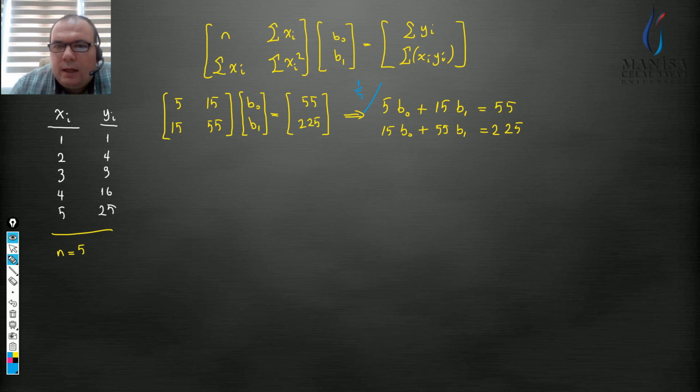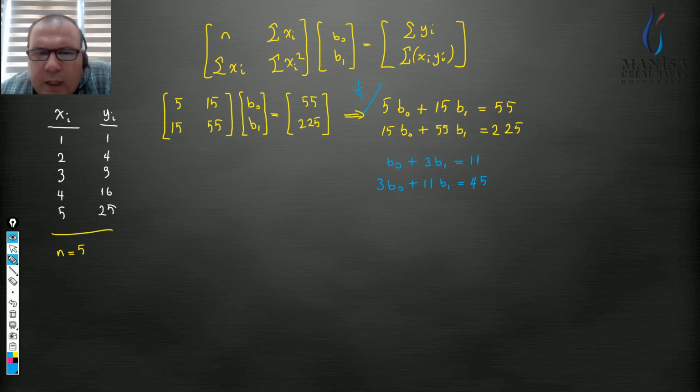Dividing the first equation by 5, we have b0 plus 3b1 equals 11, and for this part we have 3b0 and 11b1, which equals, what is it, 55? No, 45. Sorry, 45.